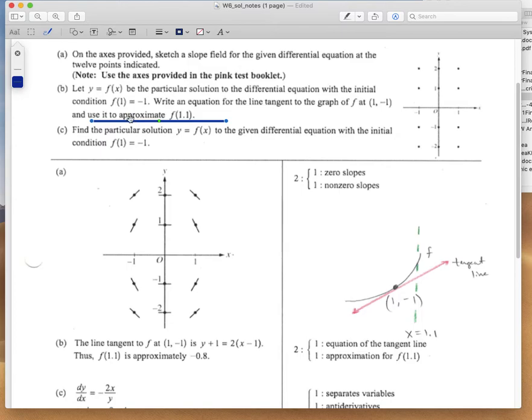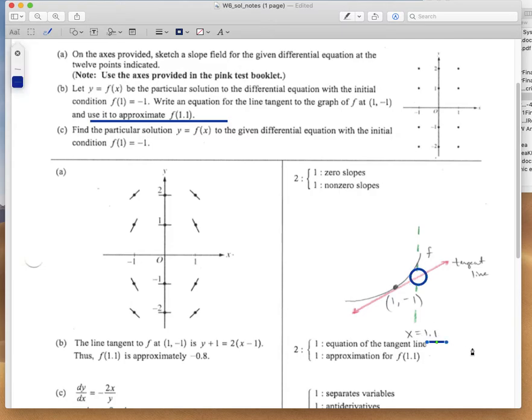What they're asking us to do in approximating f of 1.1, well, f of 1.1 is that point right there. But I have no idea of knowing what that point is because I don't know the solution. I don't know what y is. I don't know what that function is. The best I can do is find this point right here. What's that point? That's the point on the tangent line when x equals 1.1.